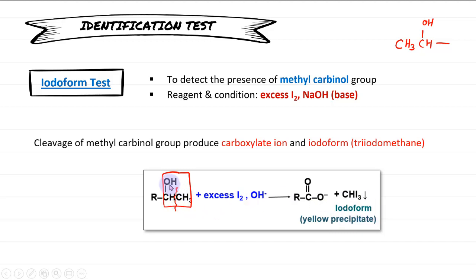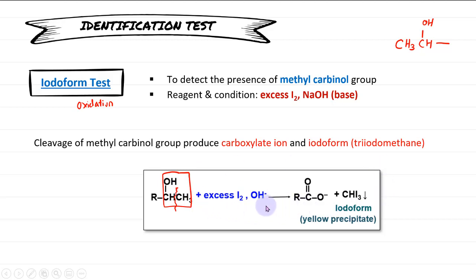And then the remaining structure over here will oxidize into a carboxylate ion. So this iodoform process is also considered an oxidation reaction, in which if you observe this C double bond O here, no more hydrogens are attached to this carbon. Okay, but overall the number of carbons will still be the same.